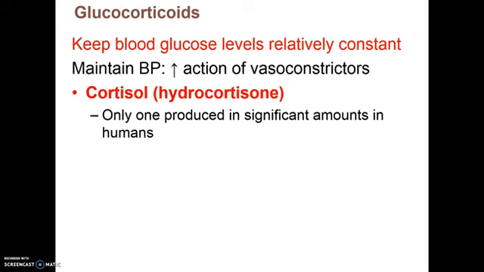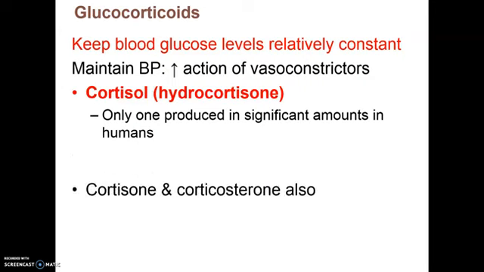Cortisol is produced by glucocorticoids, and actually it reduces inflammation and reduces the activity of our white blood cells, so it suppresses the immunity.